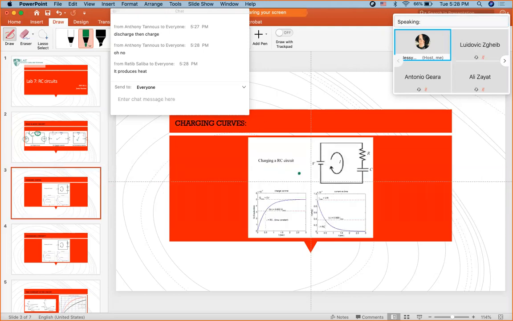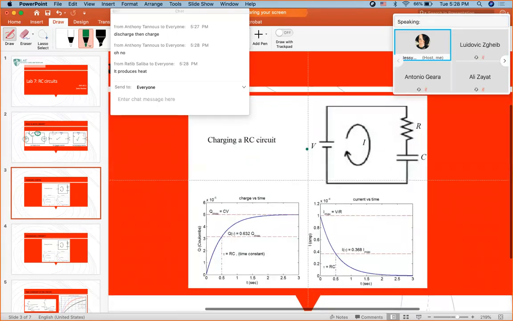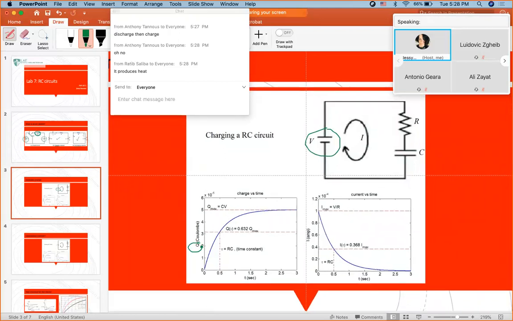Now here, they're discussing the charging curve. You have a battery, and this is the best way to know that charging is happening. They show you Q as a function of time, and you can see the increase in the charge. It starts from 0 because it was originally empty. It increases fast at the beginning, then slowly, until it hits a constant.